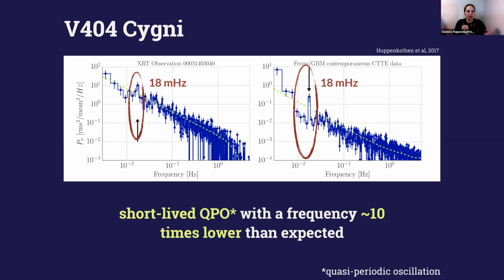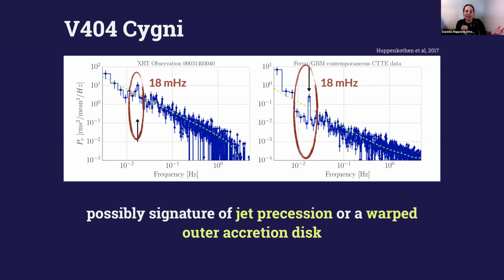The quasi-periodic oscillations I showed you earlier were all at a frequency more like a hertz or a few hertz, and this is actually 18 millihertz, and it's much lower than we would expect. And what we think might be happening is actually that it's not the inner part that's misaligned, but there's some strange warping going on in the outer disk, where the outer disk is not flat, and so that's what you see there.